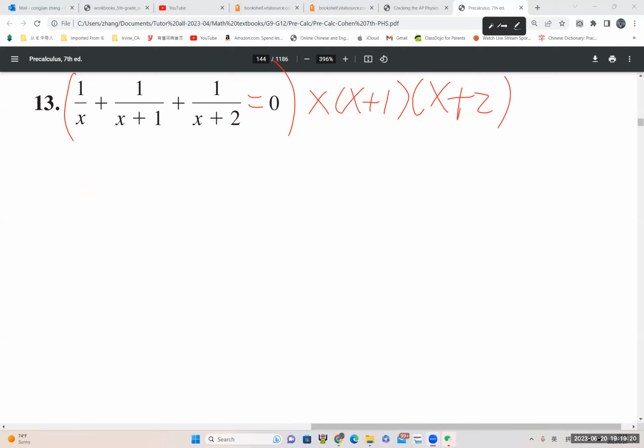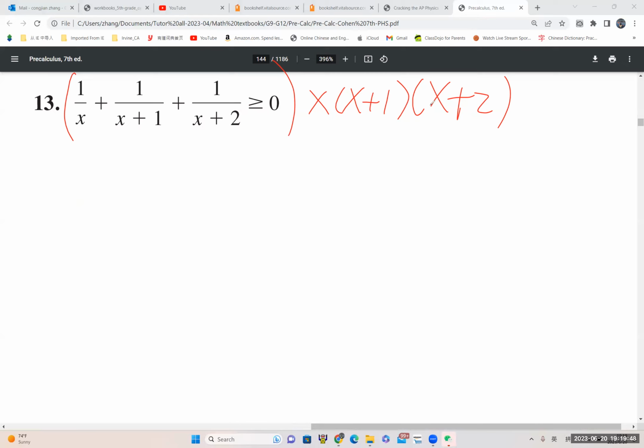Then for inequality, maybe we can use a similar method, right? But what's the difference? We are not sure if this is positive or negative.